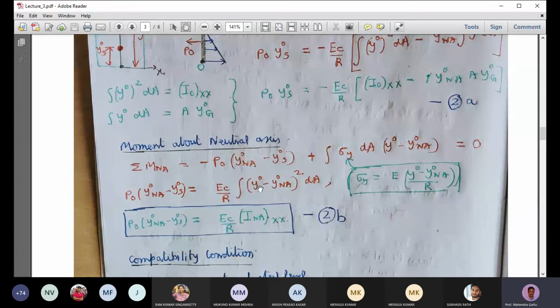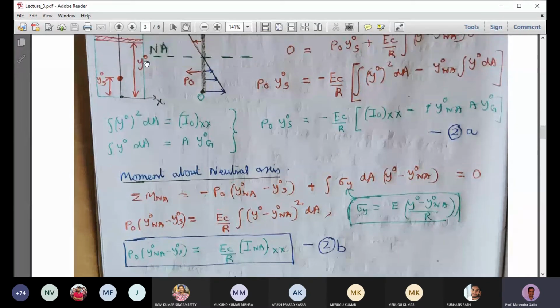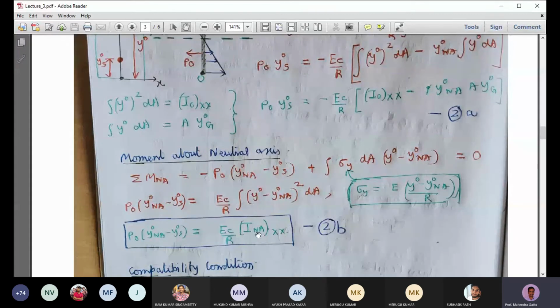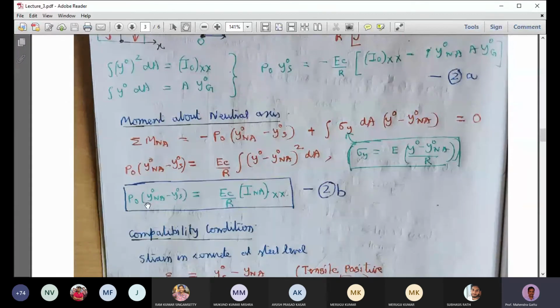What is this integral (y minus yna) square dA? That is the moment of inertia of this cross section with respect to the neutral axis, so that is what we have, I na xx. So P naught into (YNA minus YS) is equal to EC by R INA XX.